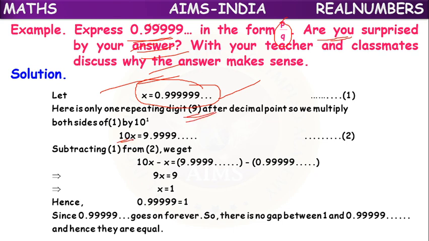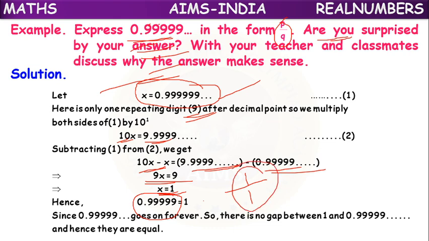So let's multiply with 10x. 9.99 point will come. 10x minus x. 9.99 minus 0.99. 9x equals 9. x equals 1. Means the decimal expansion 0.99999, like that, its answer you are getting is 1, which means 1 by 1.